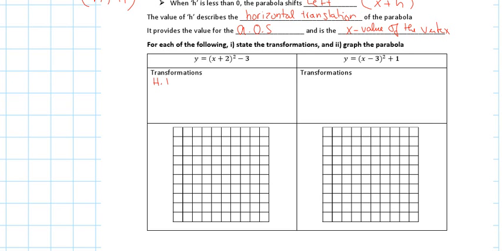Why to the left? It's technically negative. That's right, because negative and negative make a positive. Good. So I dealt with this. Now how about this? That's the k value, yes? Okay, k does what?